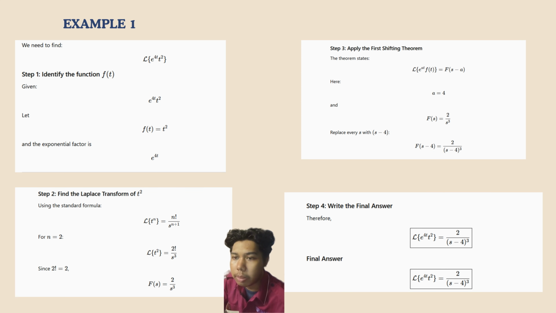Step 2, find the Laplace transform of t squared using the standard formula. And step 3, apply the first shifting theorem. The theorem states here, and replace every s with s negative 4. And then step 4, write the final answer. And we can get the final answer.